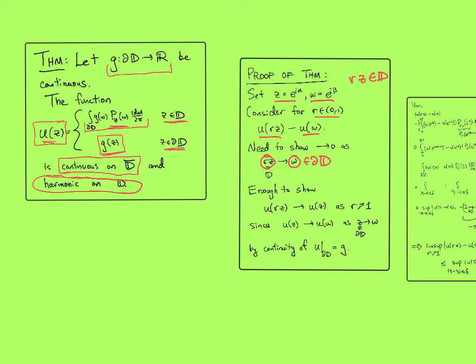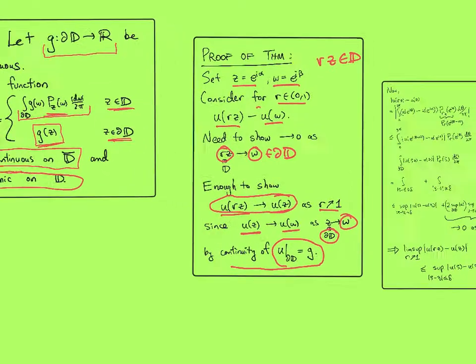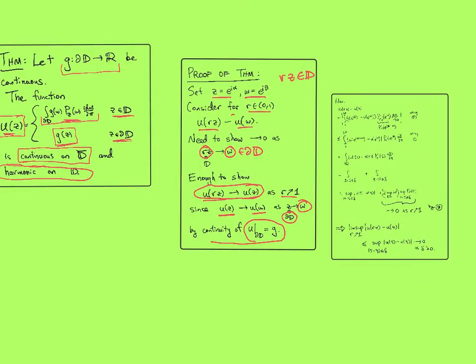And it's actually enough to show that u of rz goes to u of z as r goes to 1, since the boundary function is already continuous. So u of z goes to u of w as z on the circle goes to w by continuity of u on the boundary. So u is assumed continuous on the circle. So we just have to deal with these radial limits here. So we have to dig into the estimates.